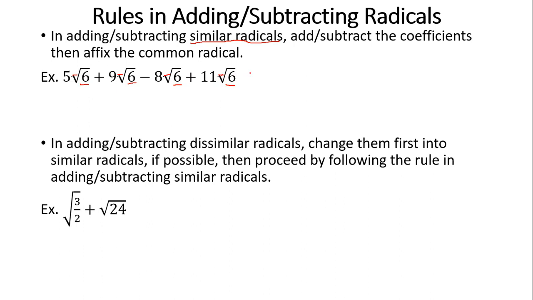So, let's proceed. So, paano nga ba yan? Sabi niya dito, add or subtract the coefficients. So, titingnan niyo po yung coefficients, 5 plus 9 minus 8 plus 11. Siyempre, pag kinompute niyo yan, that will be equivalent to 17.